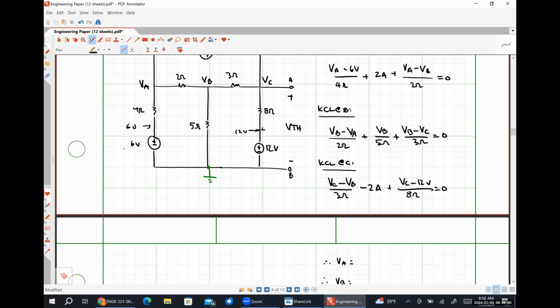And my constant term is going to be 2 plus 6 over 4. In my second equation, my coefficient for VA is negative 1/2. My coefficient for VB is 1/2 plus 1/5 plus 1/3. My coefficient for VC is negative 1/3. My constant term is 0.